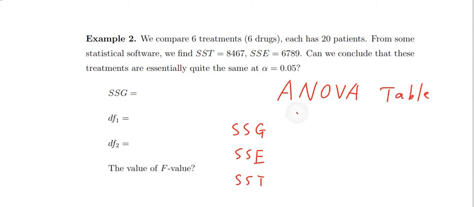What is SSG? SSG, SSE, and SST, along with the degrees of freedom. Dividing each sum of squares by its degree of freedom, we get MSG and MSE. Then MSG over MSE is the F value, right? Okay.